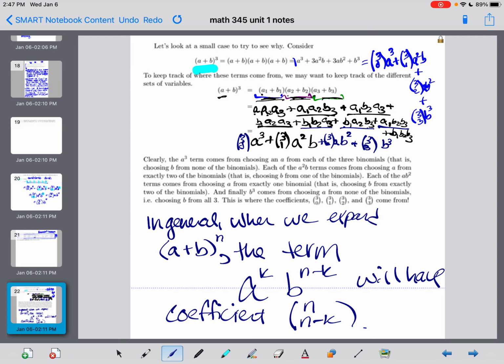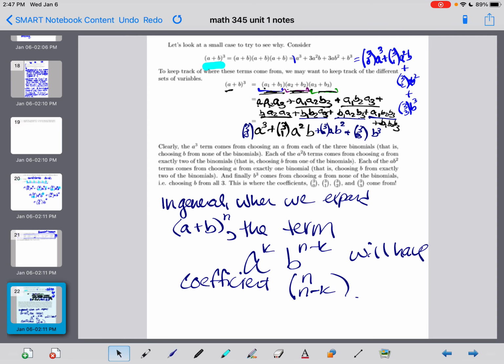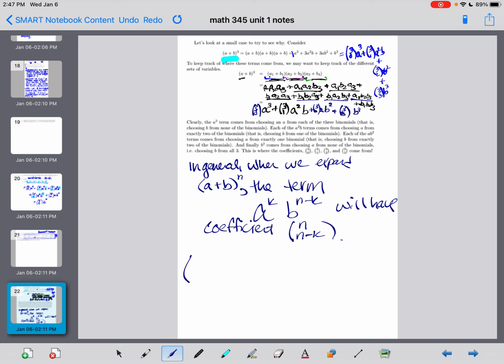And the reason for that is that when we expand out this expression, a plus b to the n, we have n many copies of a plus b.